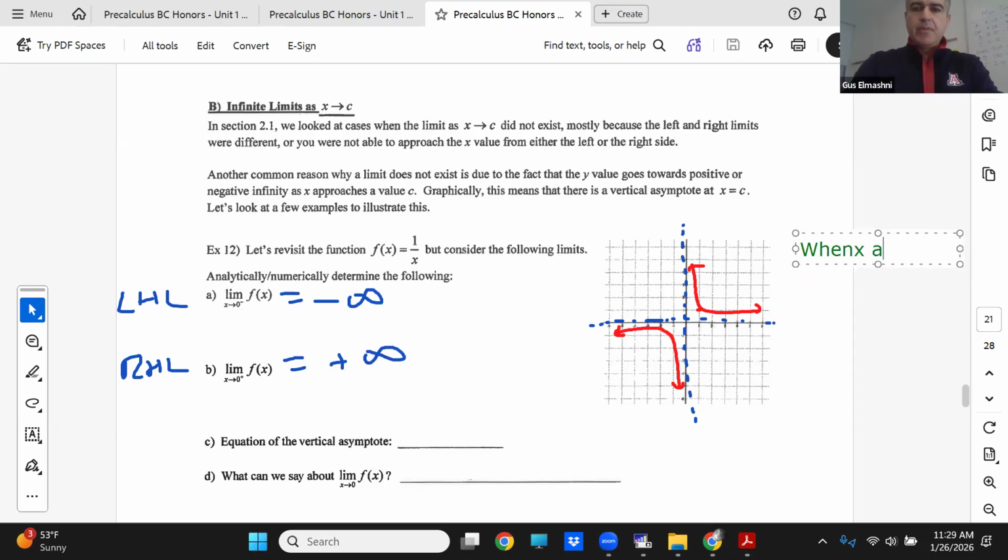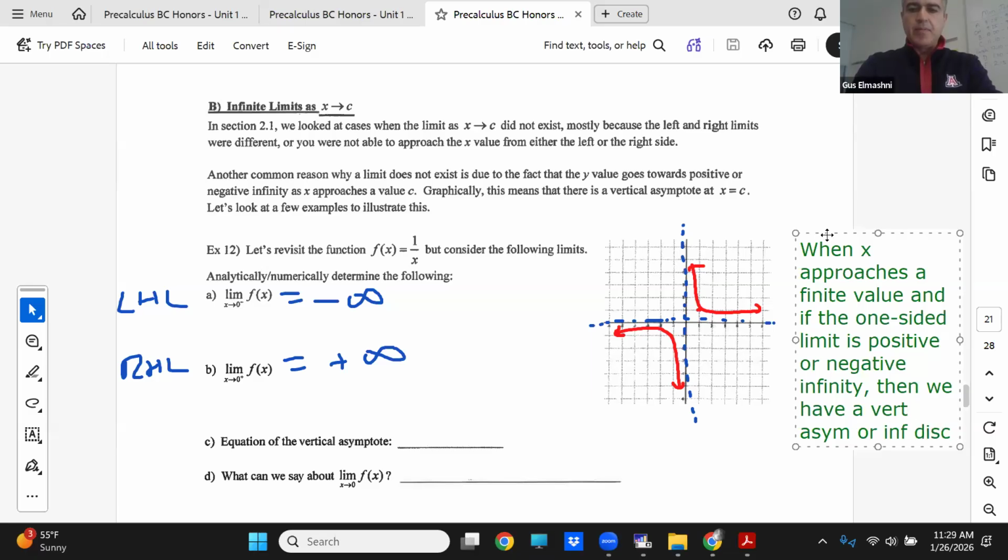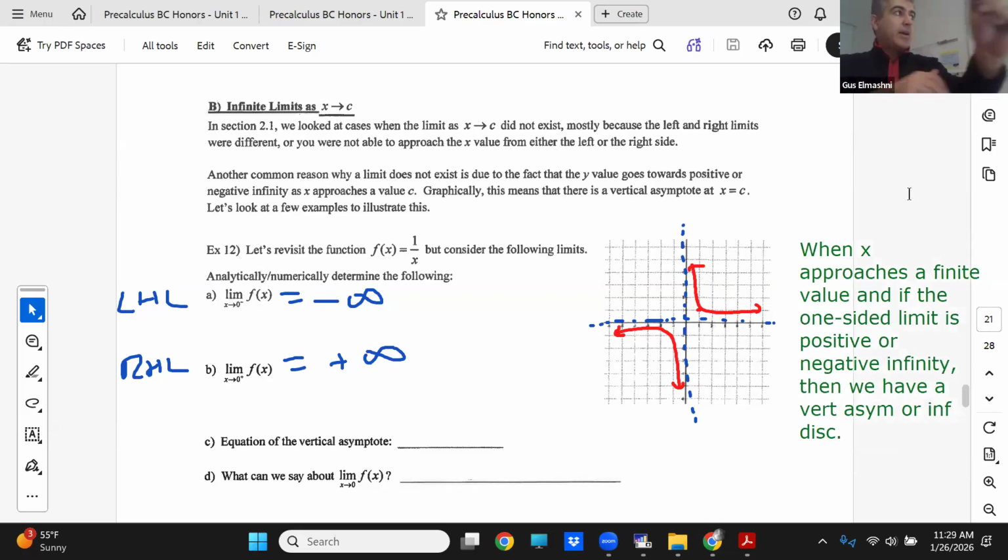When x approaches a finite value, and if the one-sided limit is positive or negative infinity, then we have a vertical asymptote or infinite discontinuity. And that's what we're going to talk about on the next page when we put it all together.